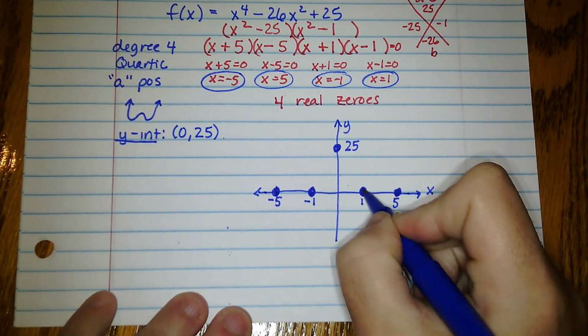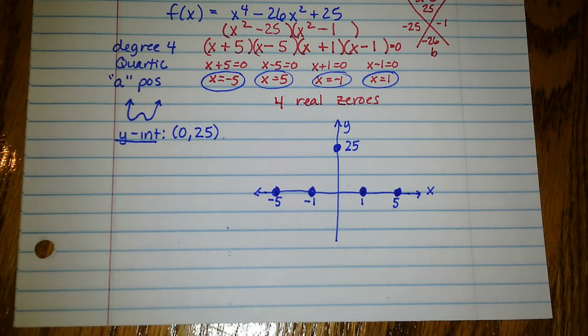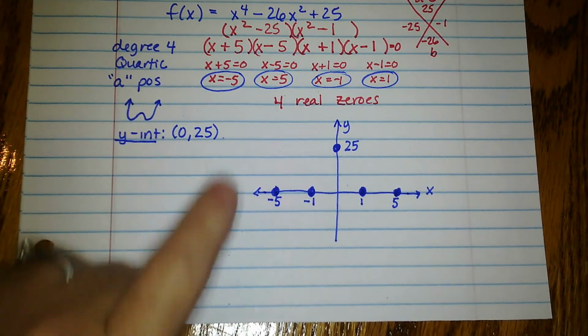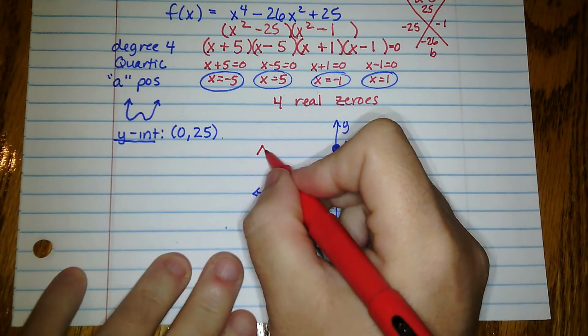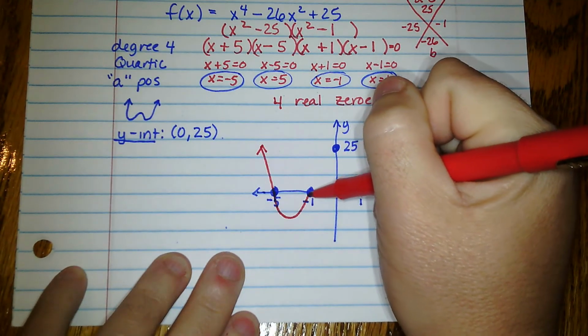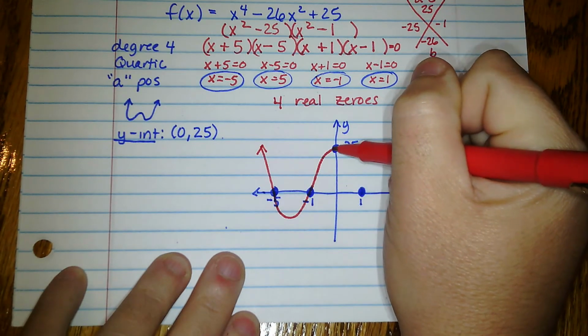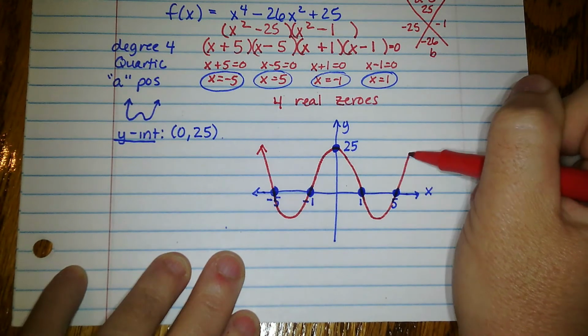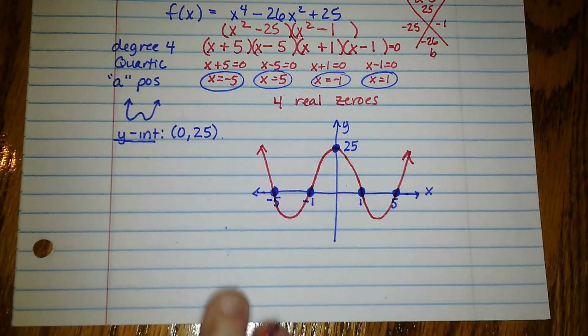And guys, there's no bouncing and there's no tricky cubic S-turn thing. We're just passing through. It's got to start up and end up. So it's got to start up top left. It's got to pass through, skirt, turn around, pass through, come to 25, skirt, pass through, skirt, pass through, and there's our W. Look at that.